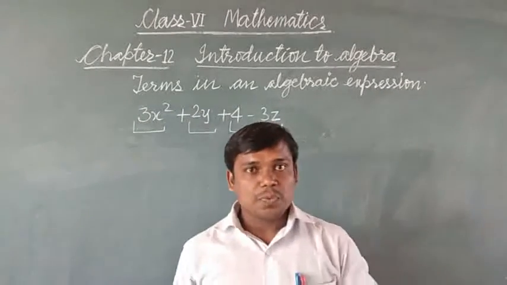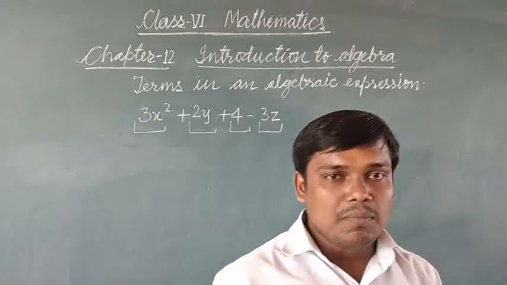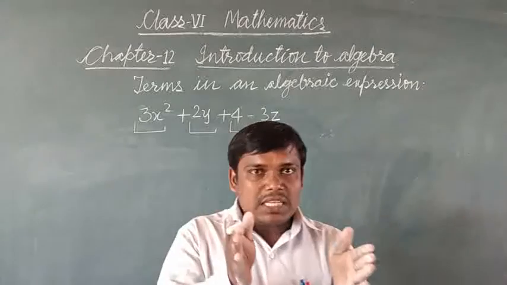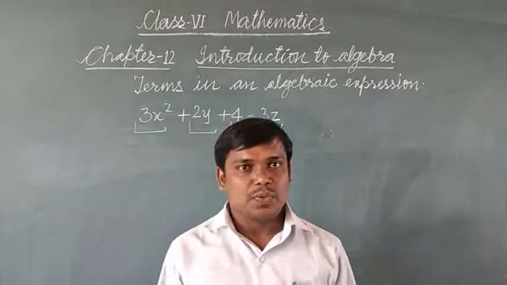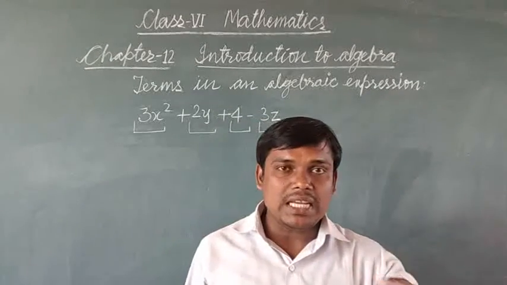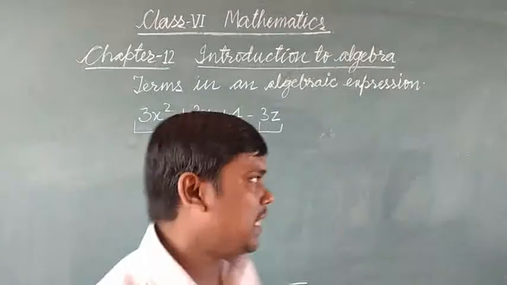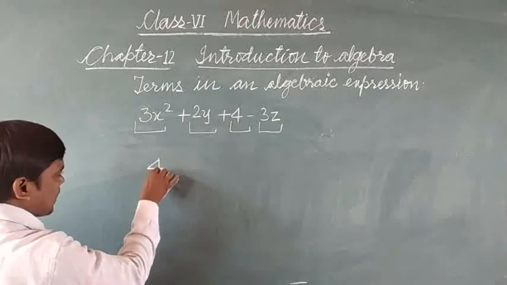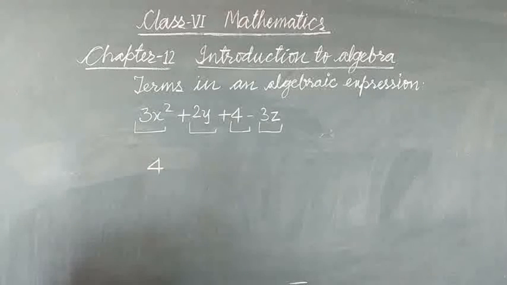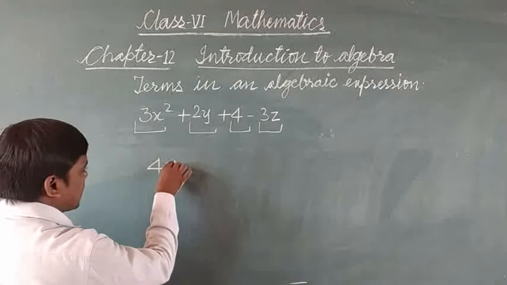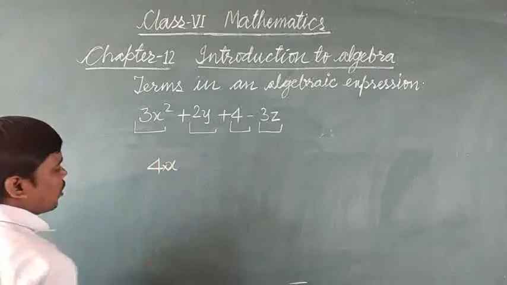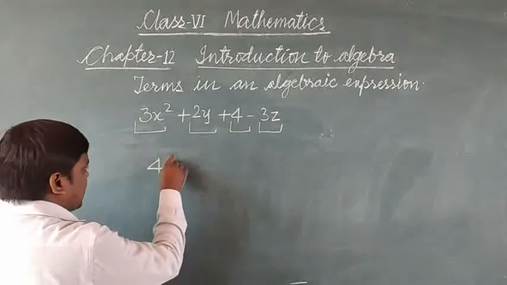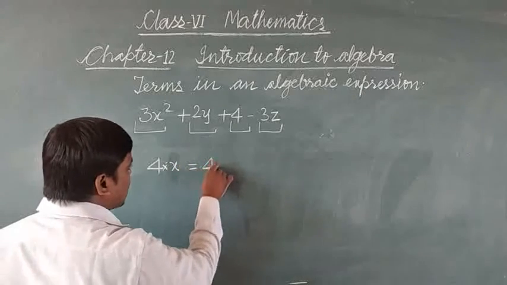Now we have to learn more about these terms, like terms and unlike terms. Try to understand when we say like terms and when we say unlike terms. You know that when we multiply a numerical value with a variable, say x, we get the product 4x.